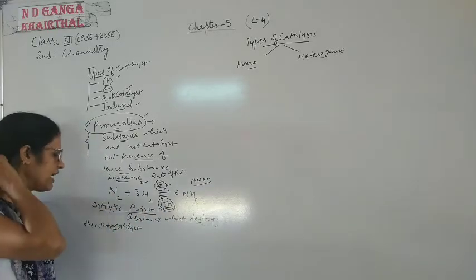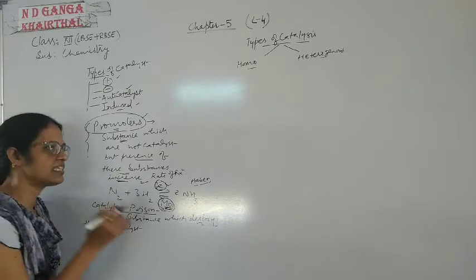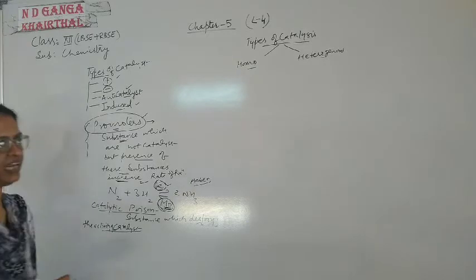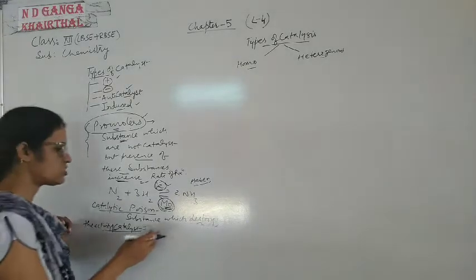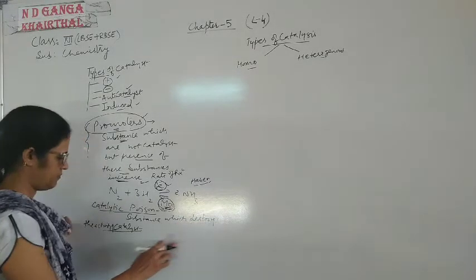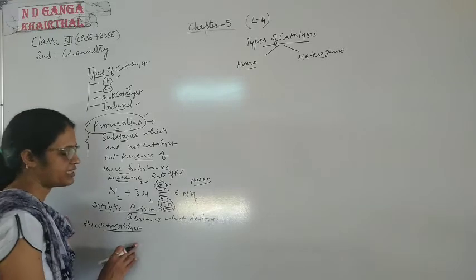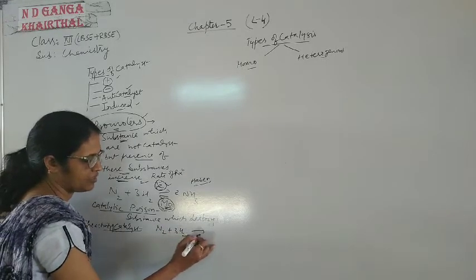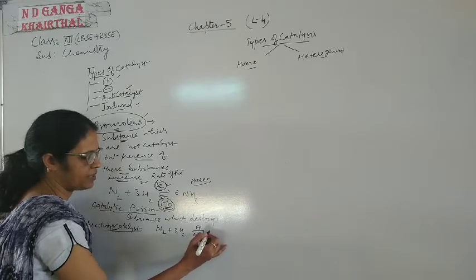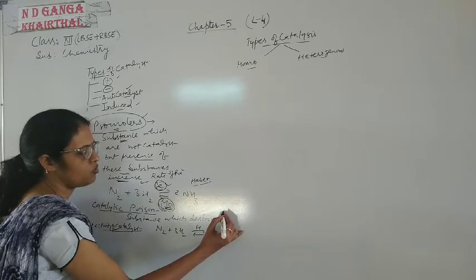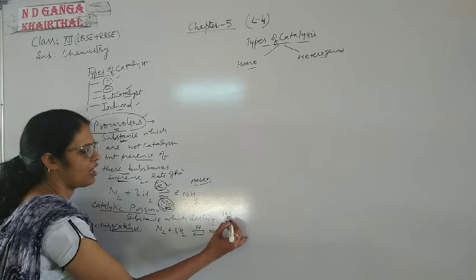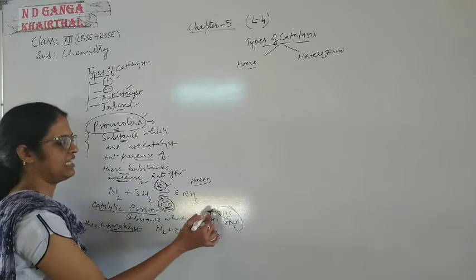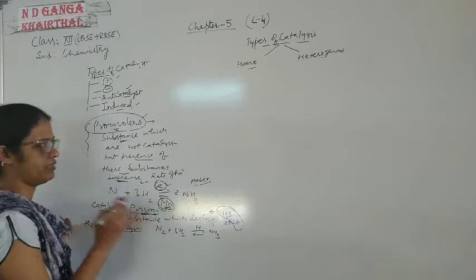Now come to the catalytic poison. The substance which destroys the activity of catalyst. Catalytic poison means the substance which destroys the activity of catalyst. For example, in a Haber process, if we use H2S or carbon monoxide, these substances act as a poison.